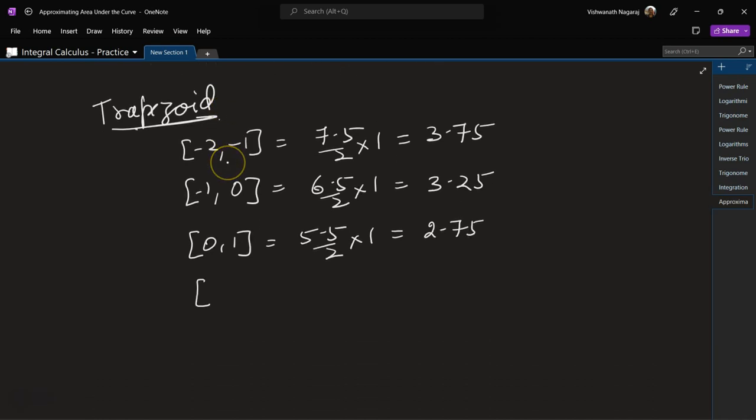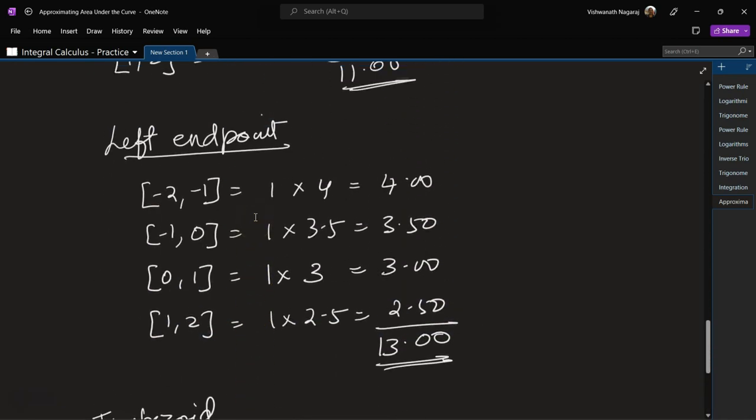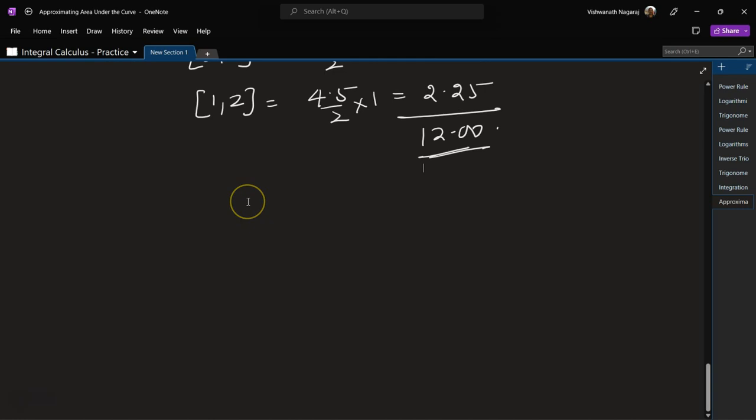And finally, from 1 to 2 will be 4.5 by 2 times 1, which is 2.25. If we add it all up, we will get 12.00. So using all the three methods, we get different approximations. So that is the second problem.